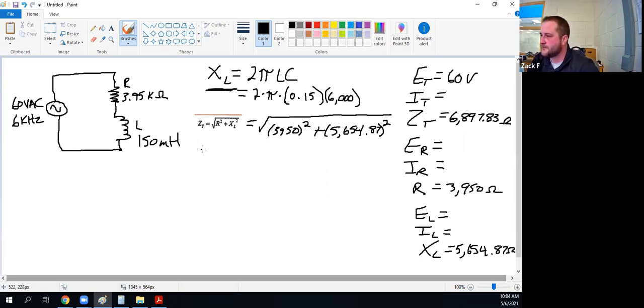I equals E over R. And I total equals E total over Z total, equals 60 divided by 6897.83.